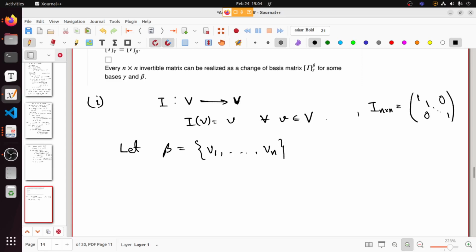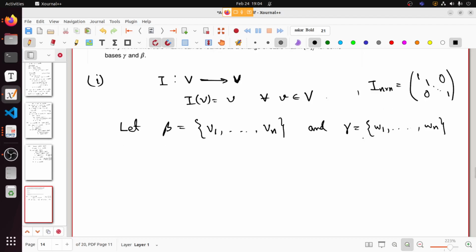This is a basis, and gamma equal to w1 dot dot dot wn. So these two are the bases, beta and gamma. Now we have to find the matrix of I with respect to both the bases. Because I is the identity transformation, I of b1 will be b1, and like that I of bn will be bn, right?